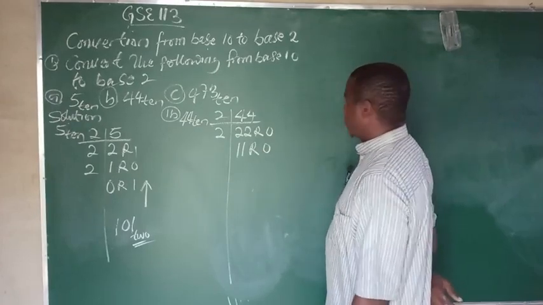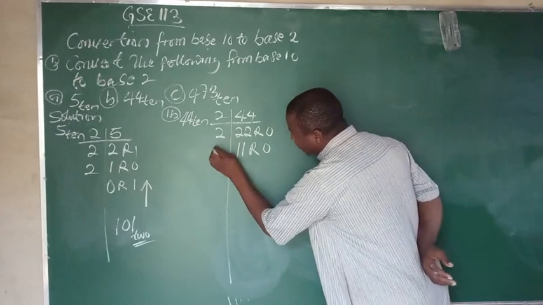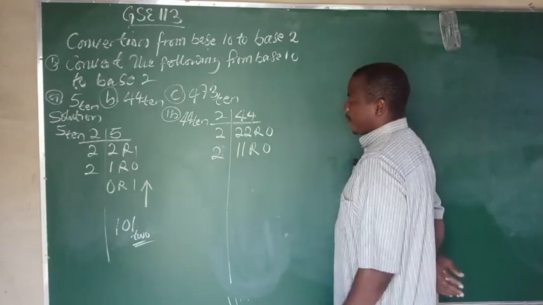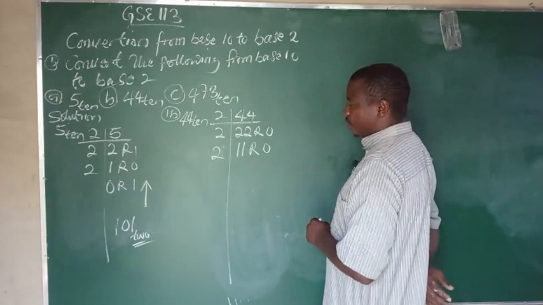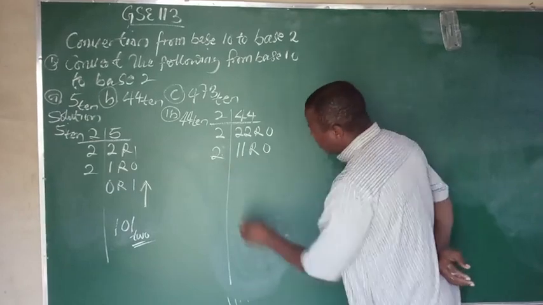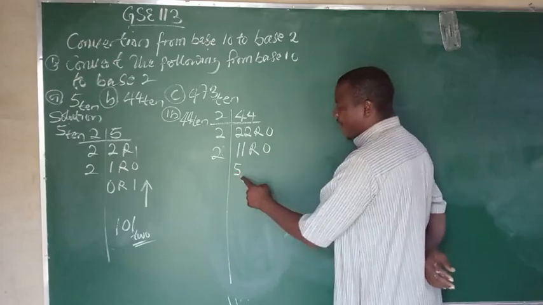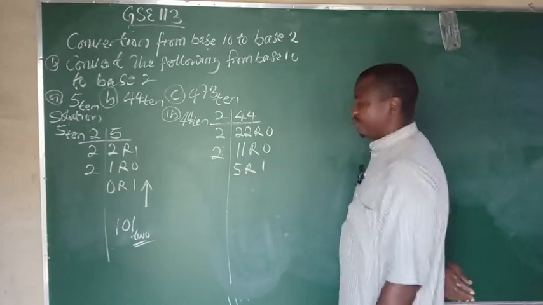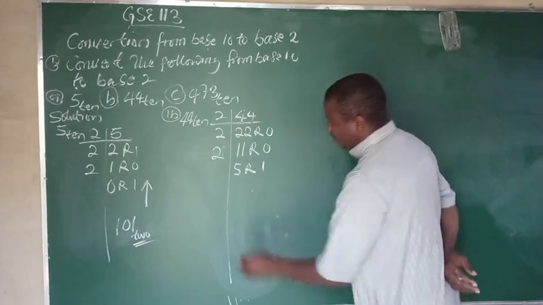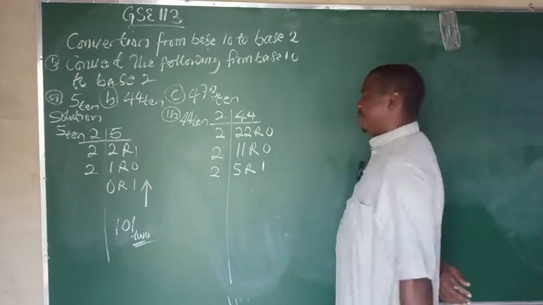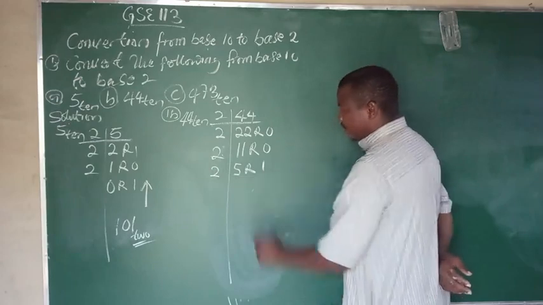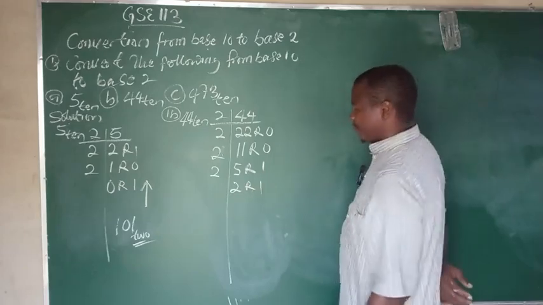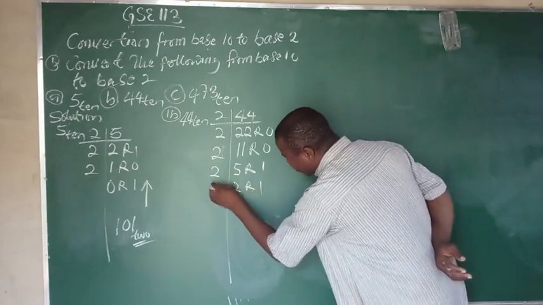Then we move to stage 3, we divide also by 2. 2 into 11, it will go 5 times. 5 times 2 is 10. It means we have remainder here 1. Then we divide by 2 again. 2 into 5, it will go 2 times, remainder 1. Then the next stage also we divide by 2.